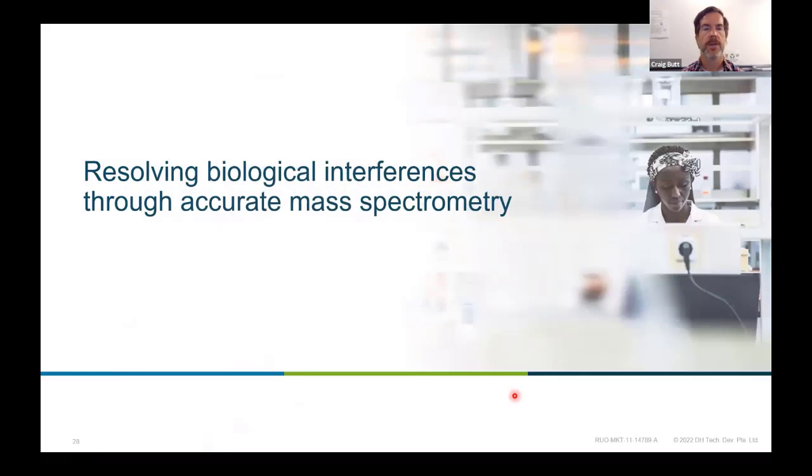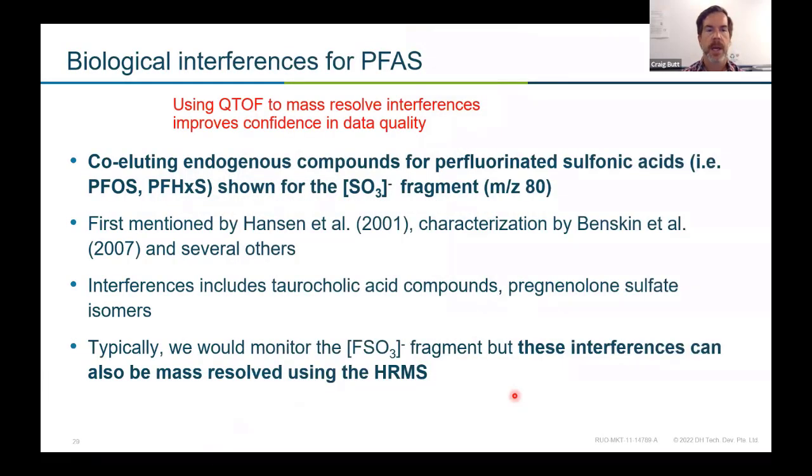All right, so the first thing that I want to cover is looking at how we can use accurate mass techniques to resolve some biological interferences. What do I mean by that? This has been known for actually quite some time, right? Since that original paper from Hansen in 2001.